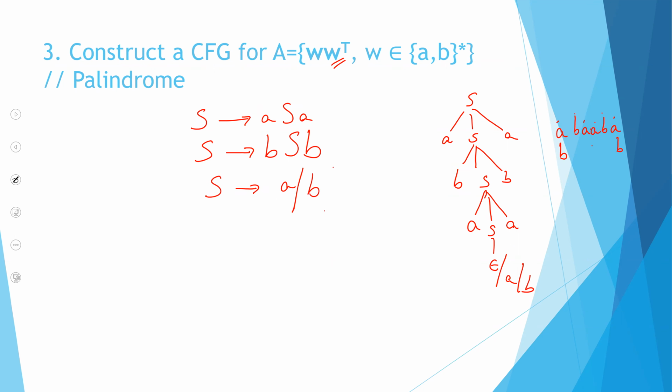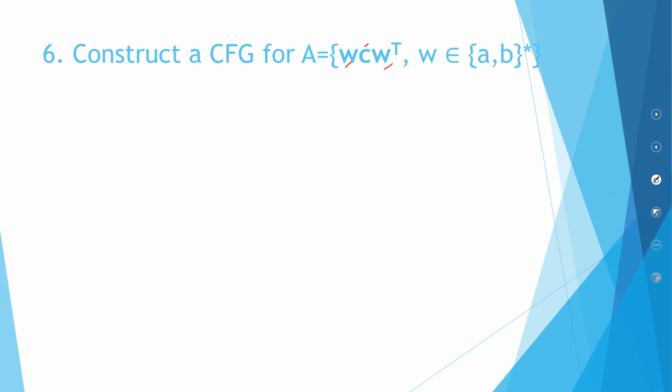Even length palindrome and odd length, this is a variation of a palindrome. Like you can have a palindrome like this. This is what the language means: a word followed by C and then the word transpose, which means A B B C B B A. This is possible.